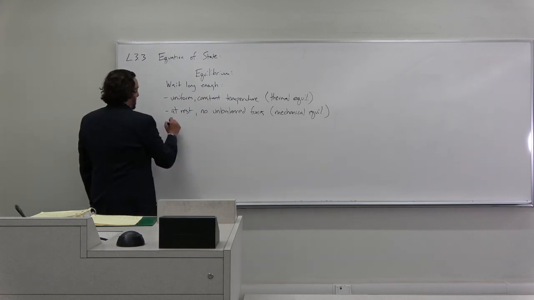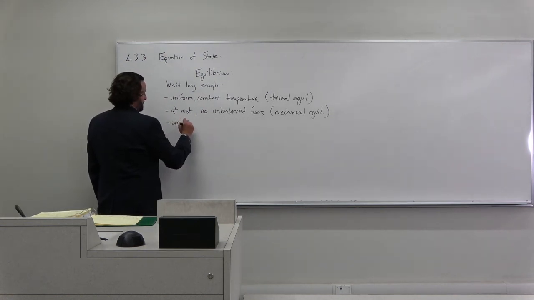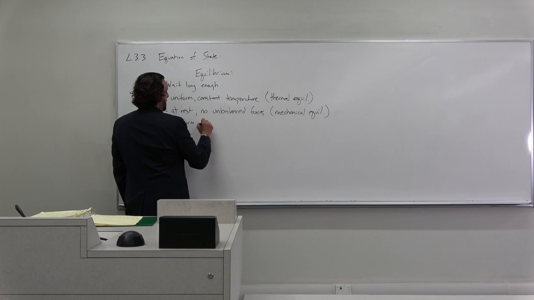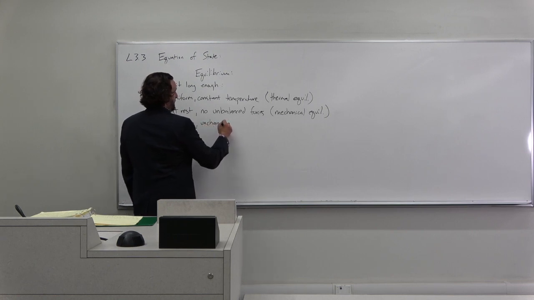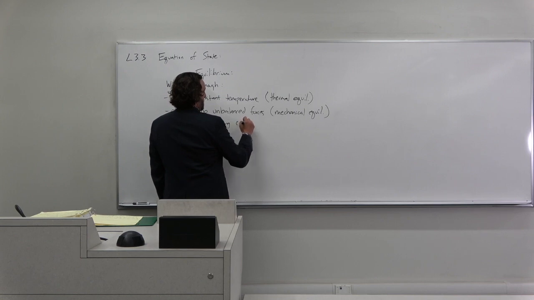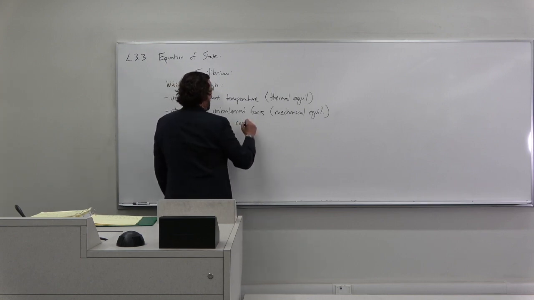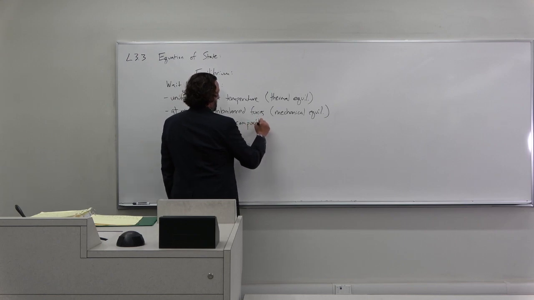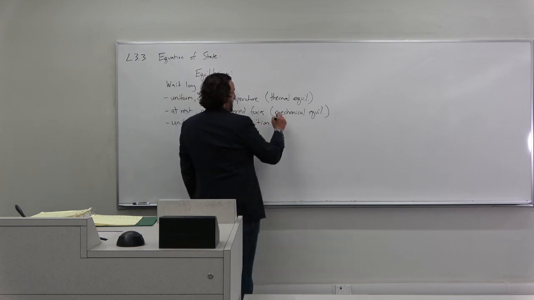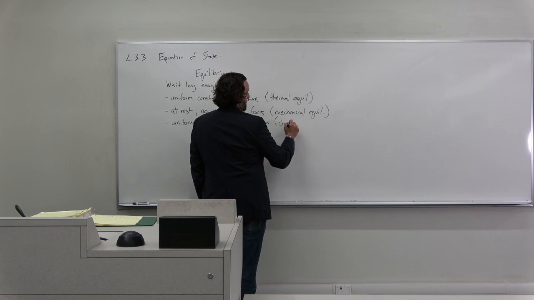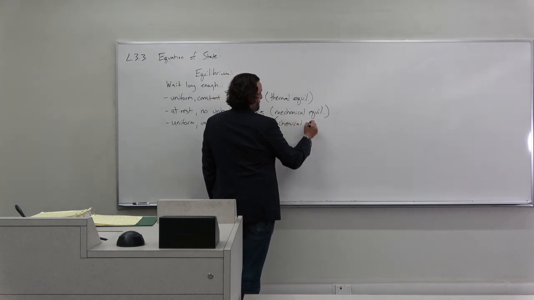And we could have a uniform, unchanging composition, and this would be chemical equilibrium.